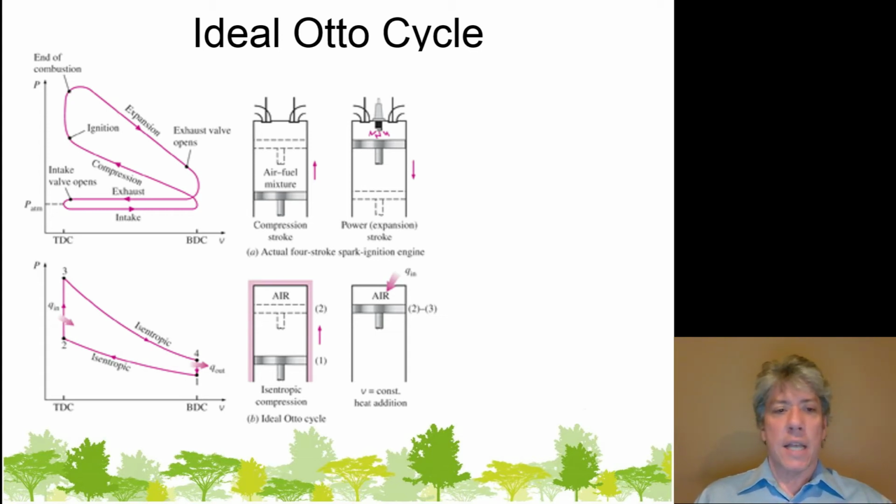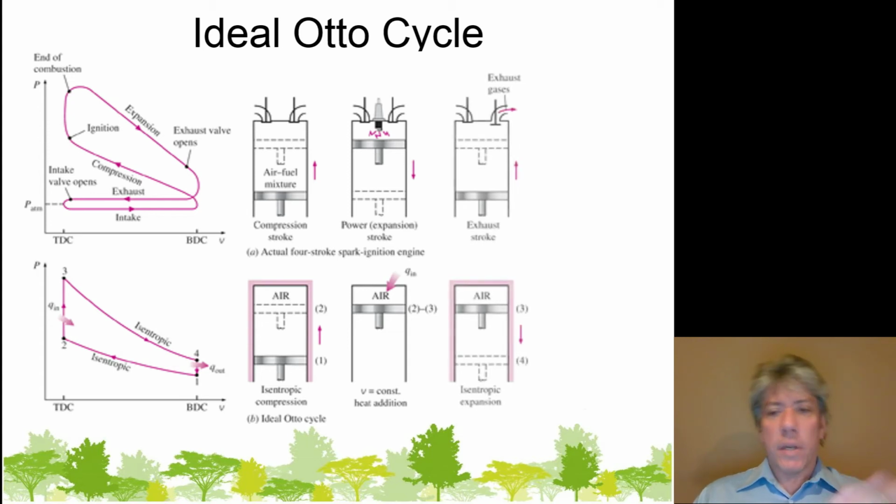For the idealized cycle, we're at state 3 at the top left of the lower diagram. Continuing along, in the real system, what happens is some expansion occurs during the burning process. And after that expansion occurs, the piston is pushed back up the cylinder to exhaust the waste gases out, and then the piston moves back down to bring in a fresh charge of air-fuel mixture.